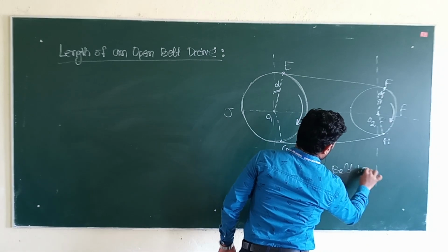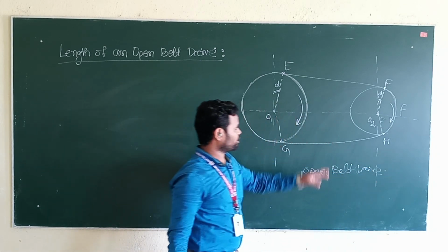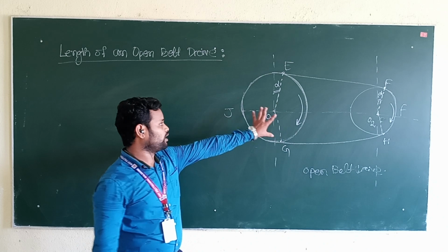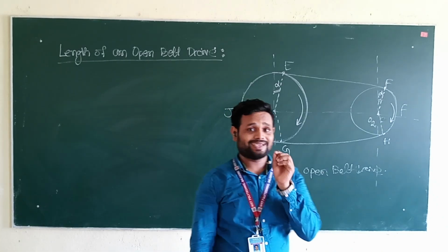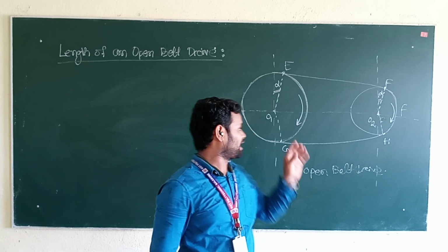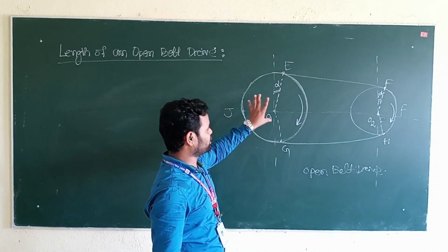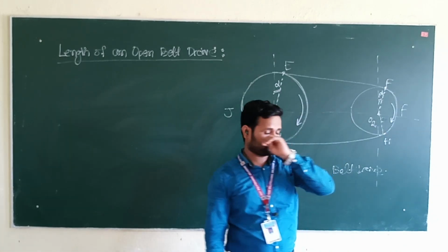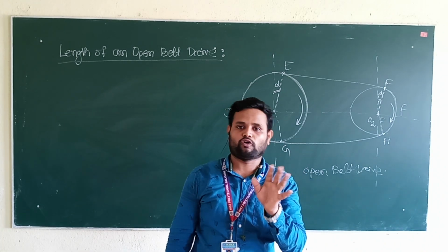Open belt drive. What we have already known is that in the case of an open belt drive, the direction of rotation of the driver or larger pulley is equal to the direction of rotation of the smaller, driven or follower pulley.